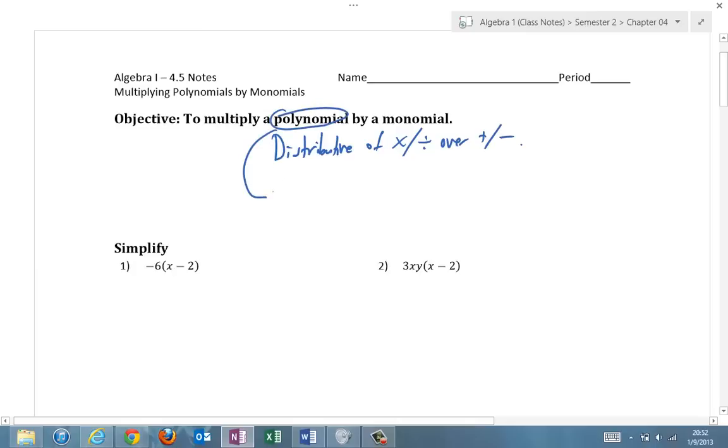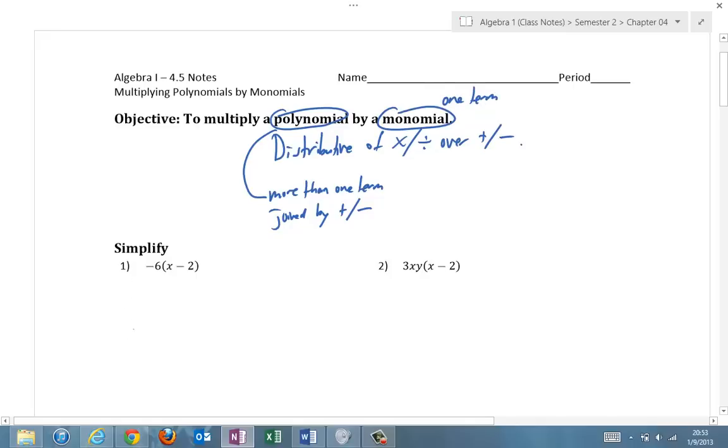Remember, a polynomial has more than one term joined by plus or minus, and a monomial, we can just say for right now, is just one term.